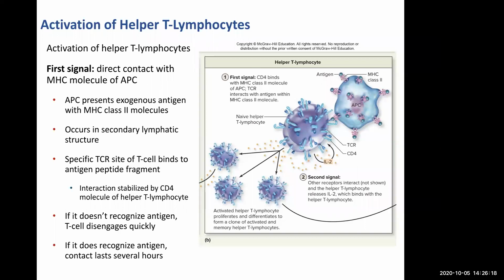Now let's say that B cell, with MHC class 2 holding the antigen, comes into contact with a T helper cell whose T cell receptor is designed to recognize the antigen being held by MHC class 2 on the B cell.